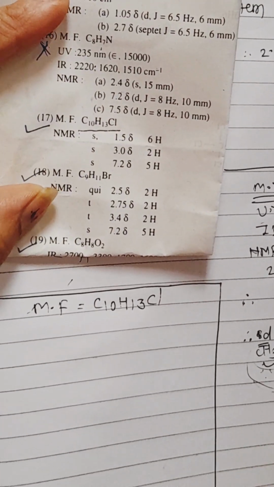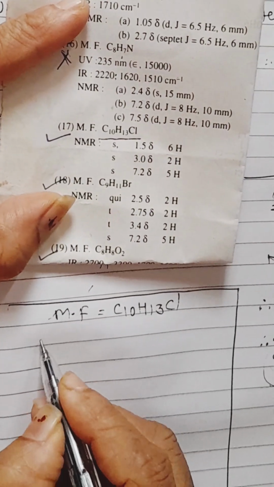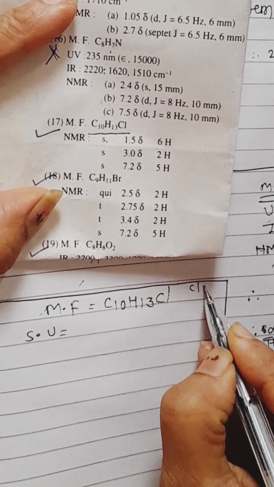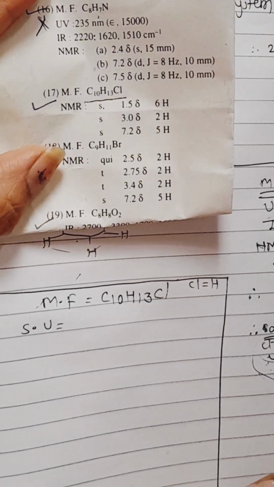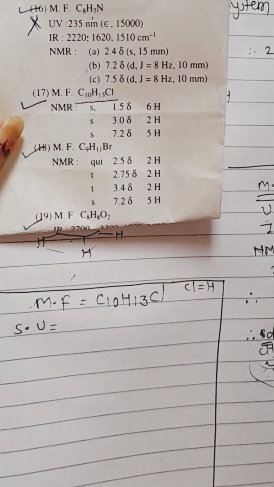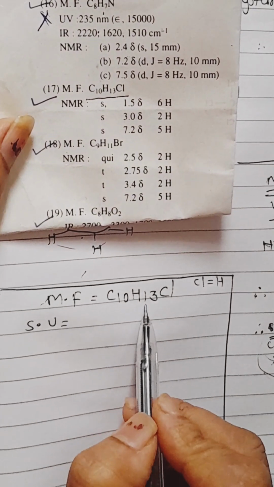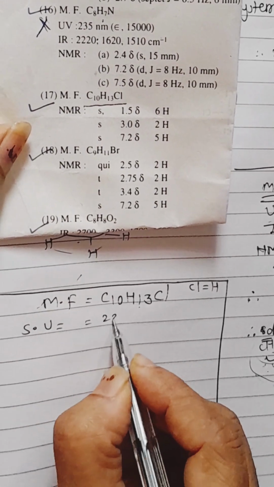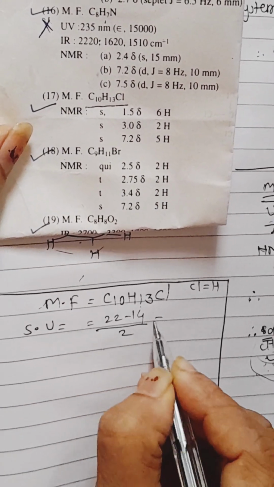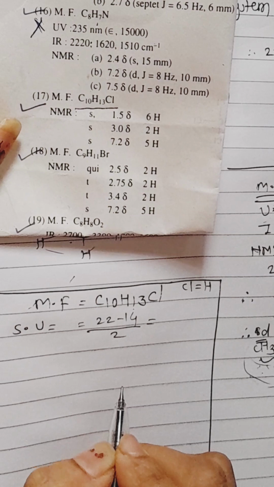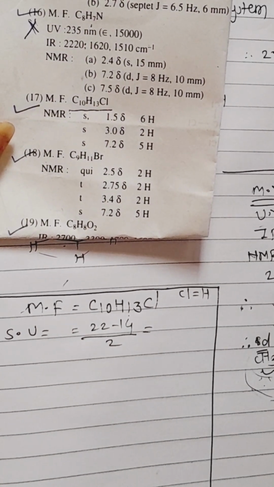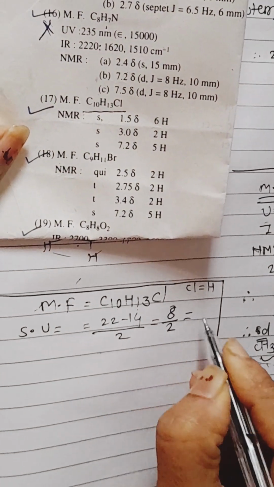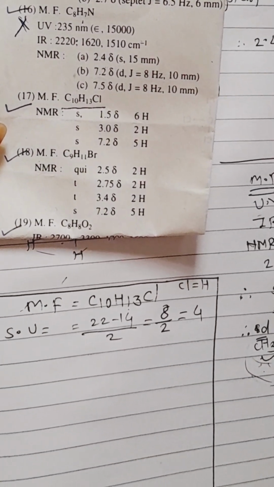First of all we will find the sites of unsaturation. As you know, one halogen atom is replaced by one hydrogen atom, and therefore the number of hydrogen atoms to consider is 14. Then 22 minus 14 by 2 is equal to how much? Correct, 8 by 2, therefore 4 sites of unsaturation.